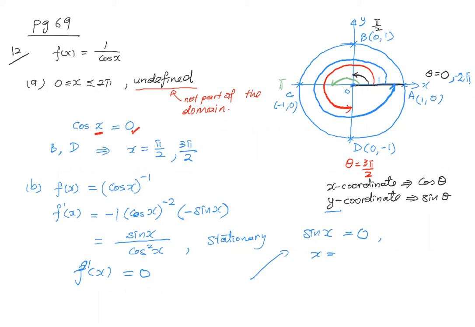That would be A and then C. So A, you got two values, 0, then C will be pi, then back to A again, 2 pi.